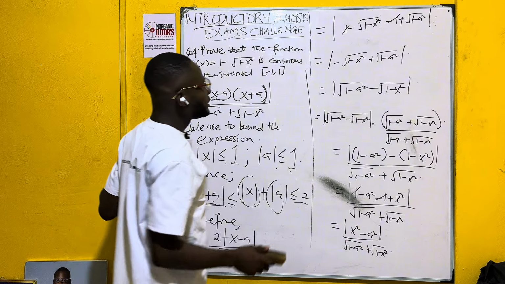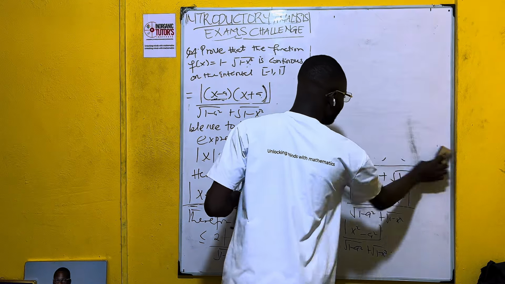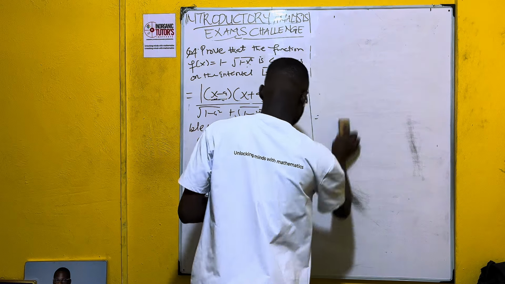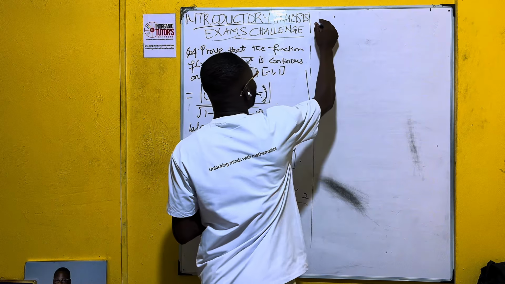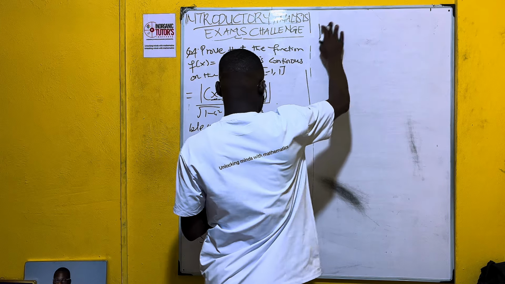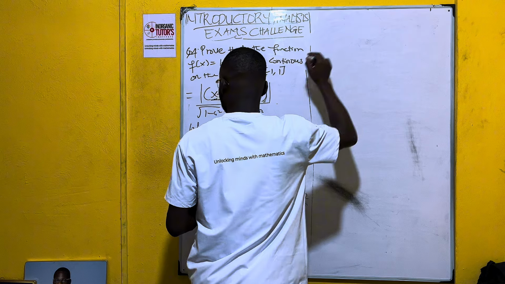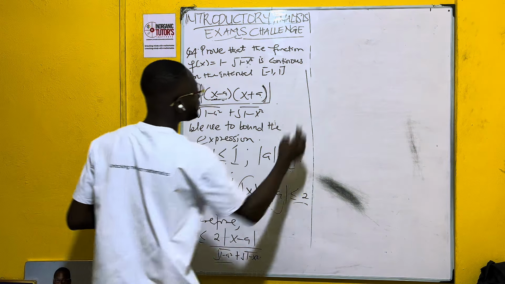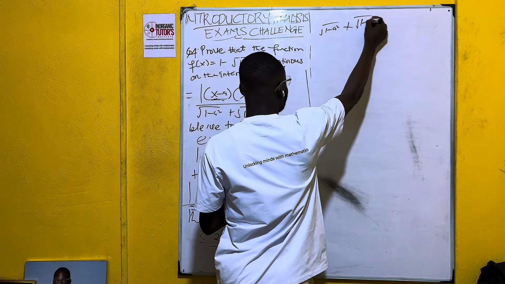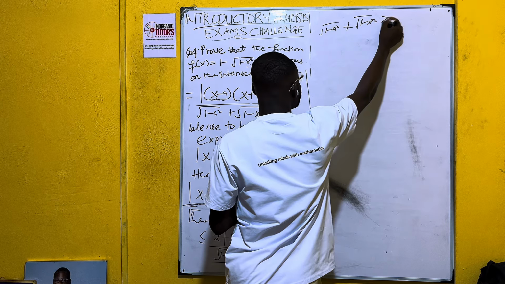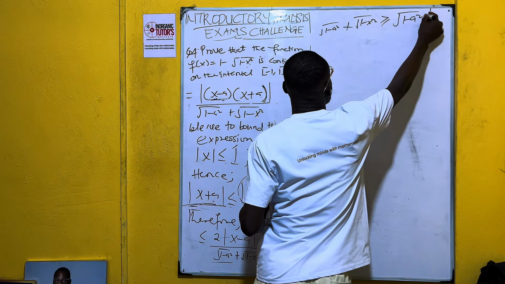Now, we can observe that the denominator, which is square root of 1 minus a squared plus square root of 1 minus s squared, is greater than or equal to square root of 1 minus a squared.